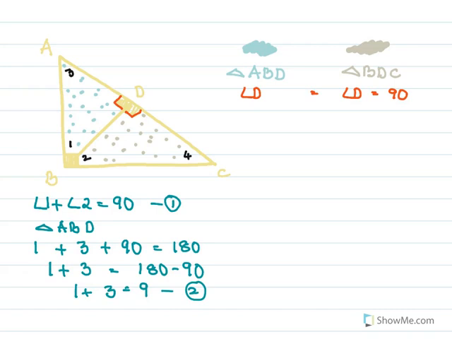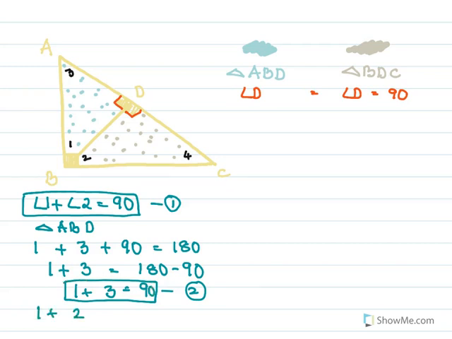Equation 2. Now 1 plus 2 is 90 and 1 plus 3 is also 90. So I can say 1 plus 2 equal to 1 plus 3. 1 I take out from both the sides and I get 2 equal to 3.